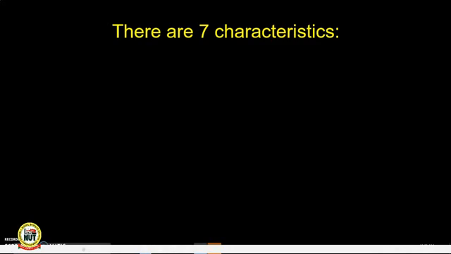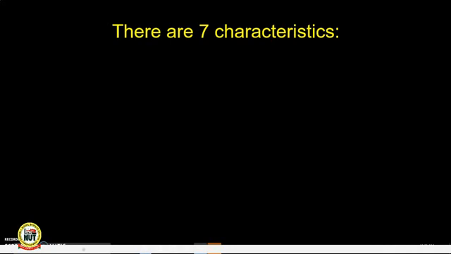However, there are certain characteristics that when you put them together will determine if something is a living thing or not. All of those characteristics that we're going to mention, 7 of them actually, must be present in that particular thing before you can say that this thing is a living thing.